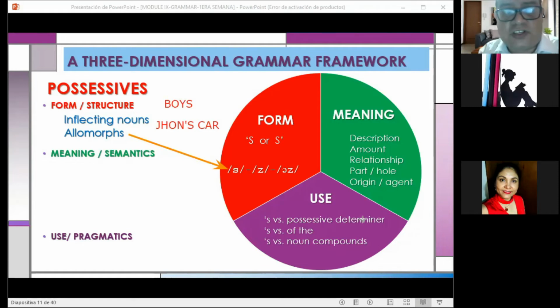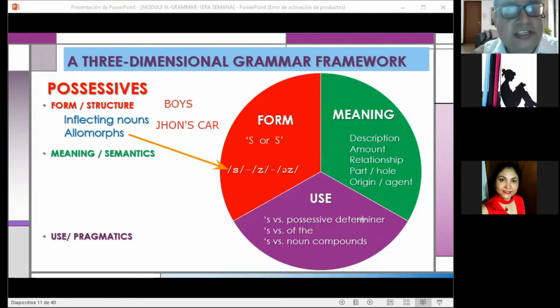John finishes in a voiced sound. So the rule, this is a phonological rule, says that if the word finishes in a voiced sound, the apostrophe S is produced with another voiced sound. That's why you use the sound Z, because the sound Z is voiced. Remember, when I say voiced, it means that it has vibration. All right?